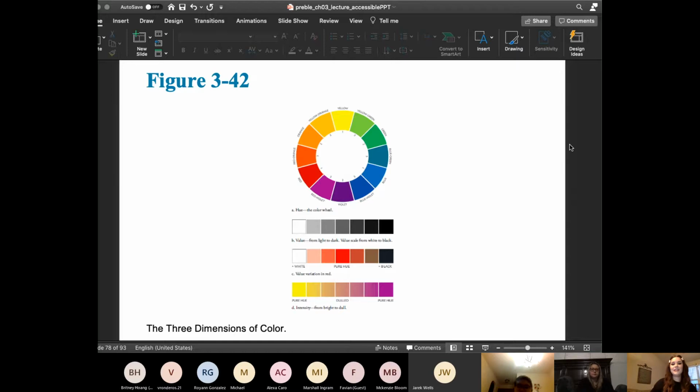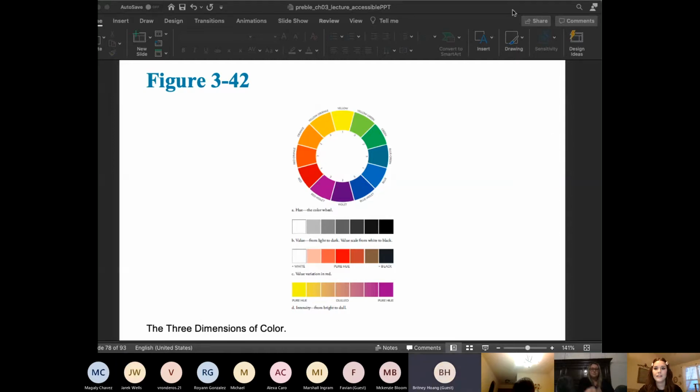So yesterday we left off on the color wheel. Important things that we need to remember for the color wheel are our primary colors and our secondary colors. Does anyone know what the primary colors are? They're blue, yellow, and red.